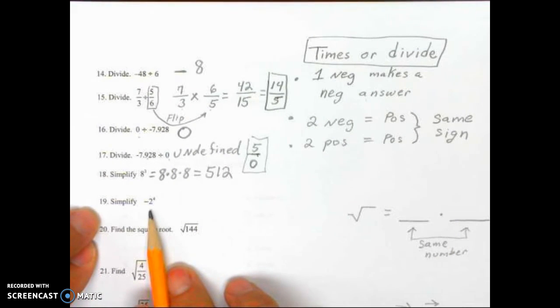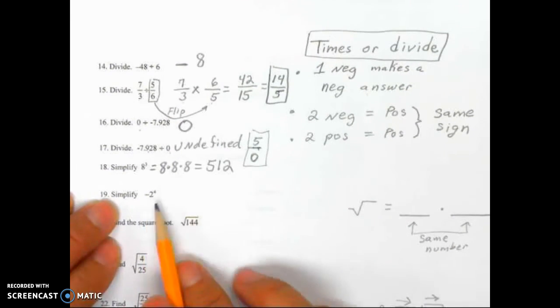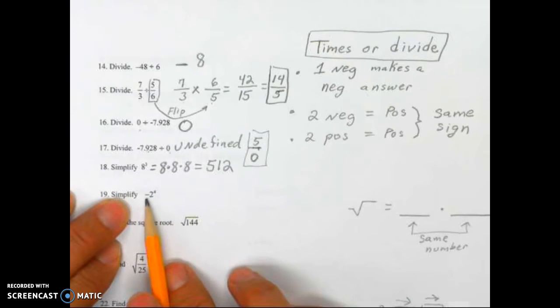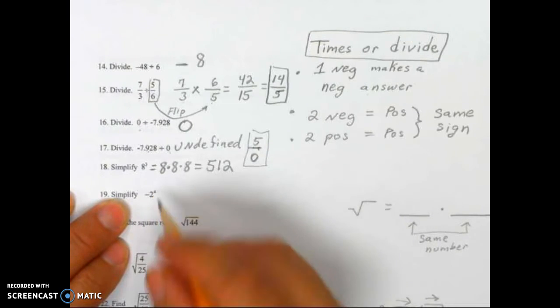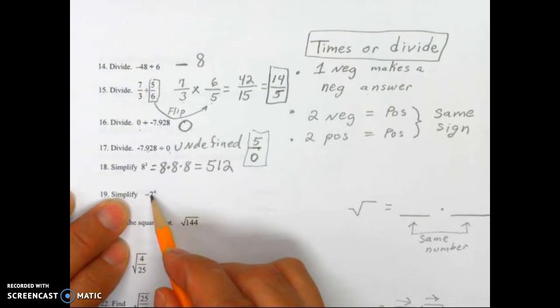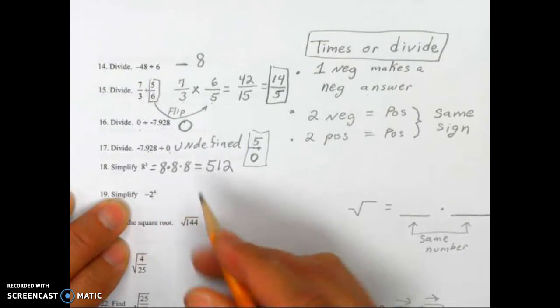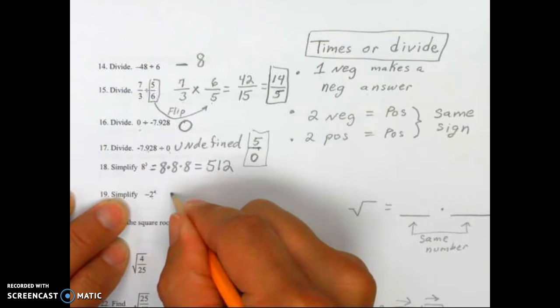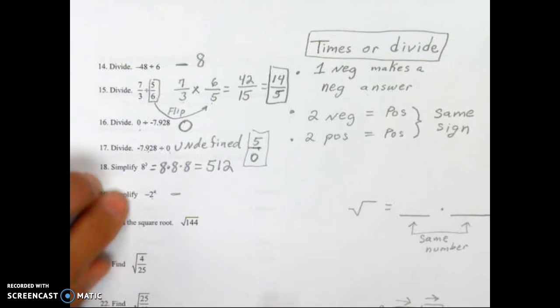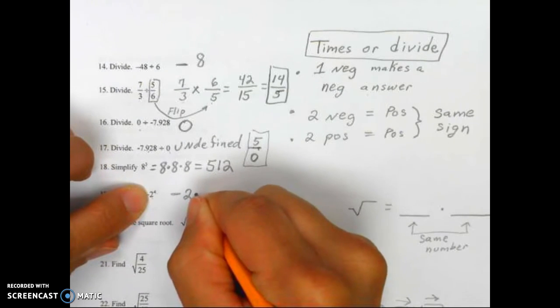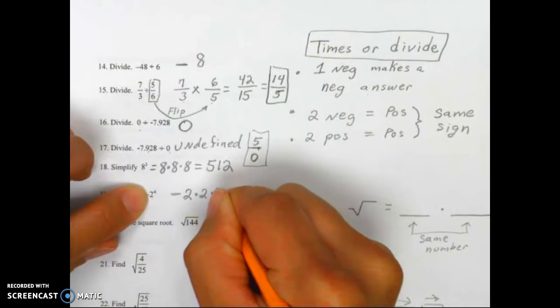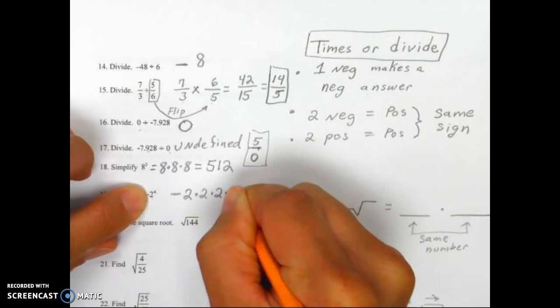Now, on 19, what it's trying to show you is you have a negative 2. But if there's no parentheses, that 4 right here only sticks to the 2. So watch what I do. That negative sign is going to stay right there, but I'm going to repeat the 2 once, twice, 3 times, 4 times.